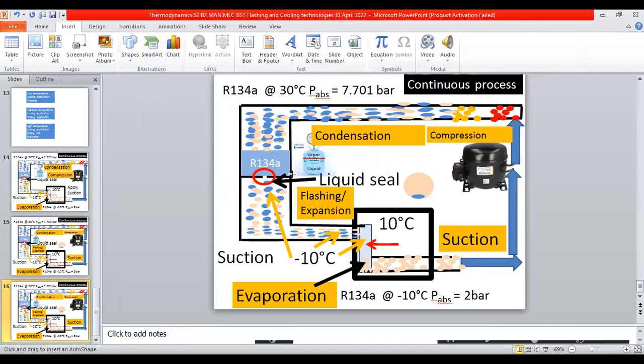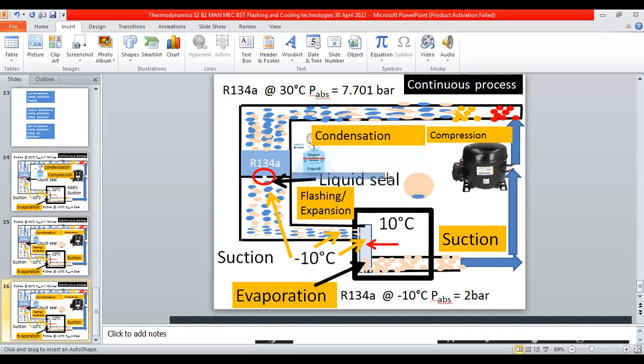See, just below this flashing through this restriction or pinhole, the low pressure side starts, until the suction.